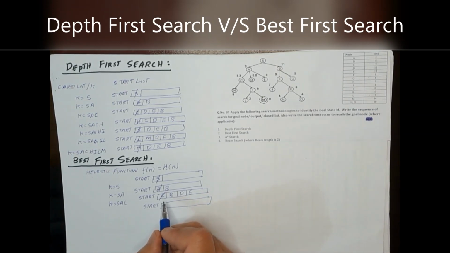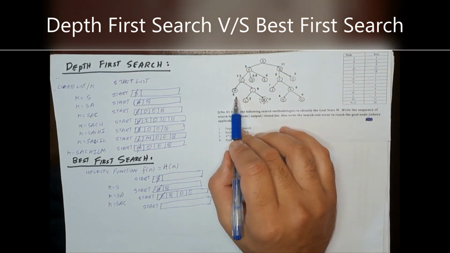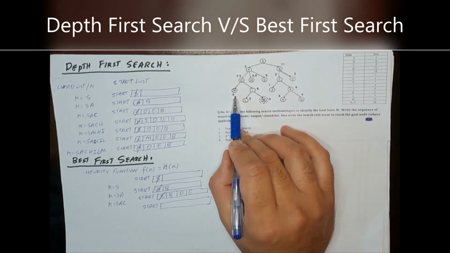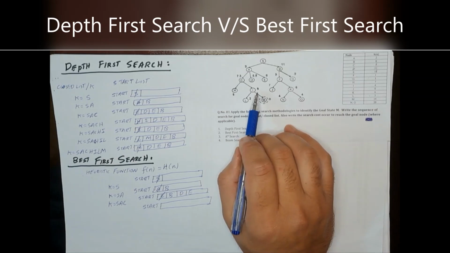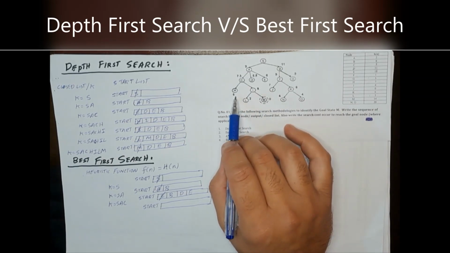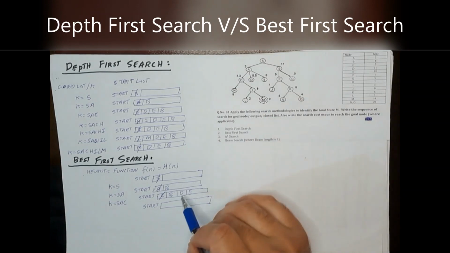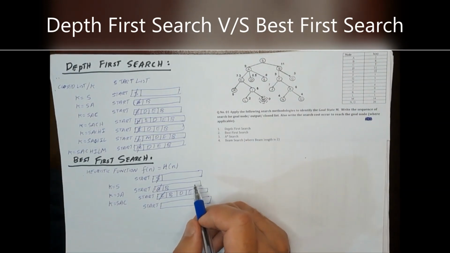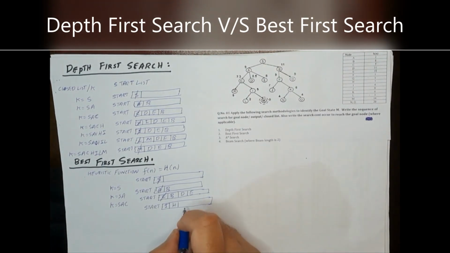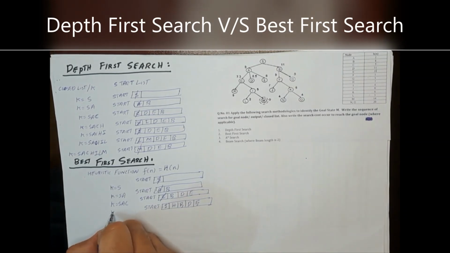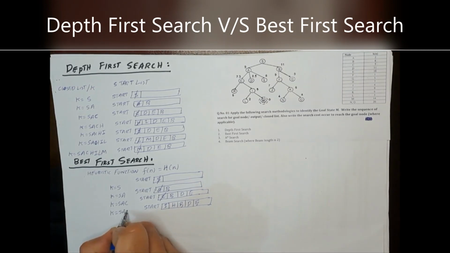C has H, which has a value of 6, and it also has I. I is 5, so definitely it is less than H, and also less than B, D, and E if you see their values over here. So now we will have the start list like this: I, H, B, D, and E.